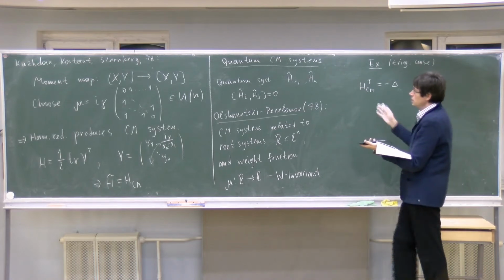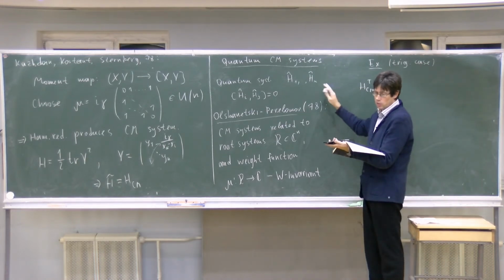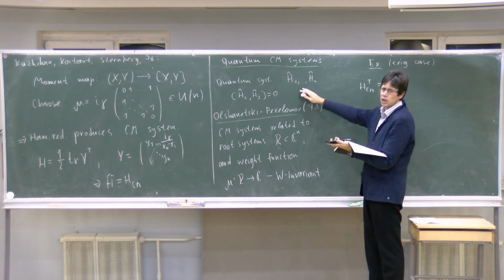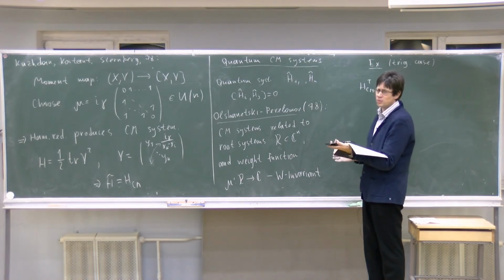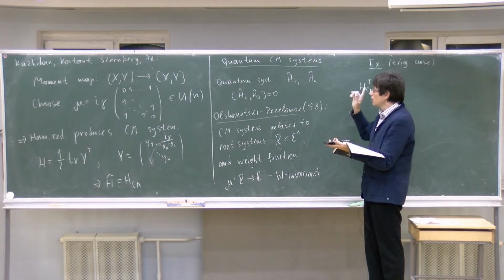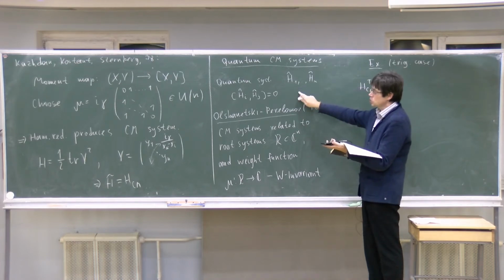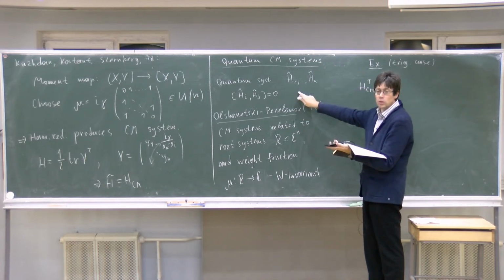In this partial case they will be differential operators, but more generically they can be Hilbert space operators or something like that. This is a general definition of quantum system. I just recall the definition which I gave before. It's a partial case of that definition.